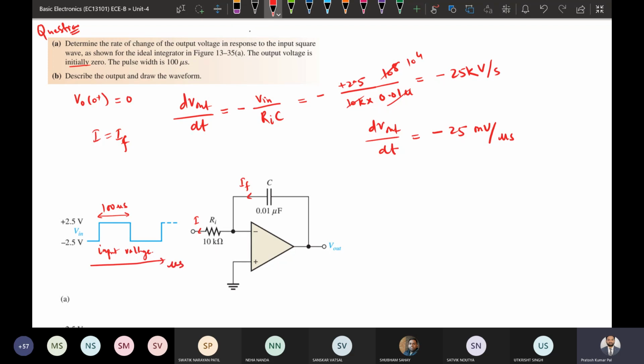If time is given in microsecond, we need to put the output also in terms of microsecond. So the rate of change of output voltage will be minus 25 millivolt per microsecond.